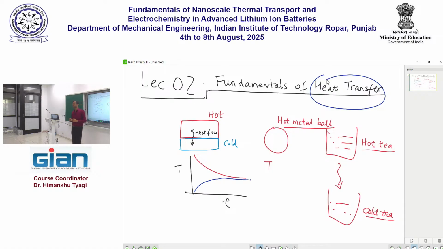The flow of heat. I'm using the word flow as if it's a liquid. We use the word flow typically with liquids, right? We also use the word flow with heat because heat in many ways behaves like a fluid. It's really not a fluid, clearly.